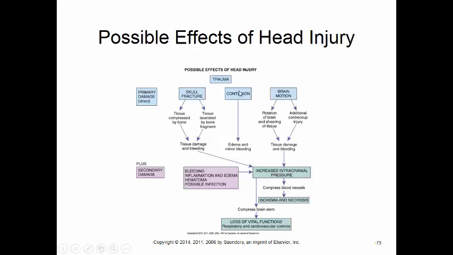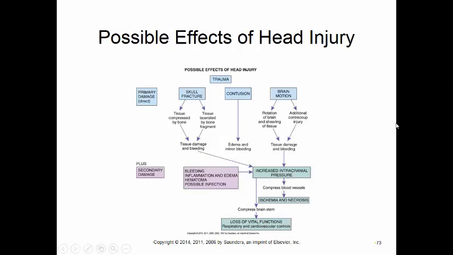A contusion is edema and has some minor bleeding. If we have brain motion, the brain rotates and it causes a shearing of the tissue where the tissue tears. Or we can have additional contracoup injuries, both of these causing tissue damage and bleeding, leading to intracranial pressure and then ischemia and loss of function.